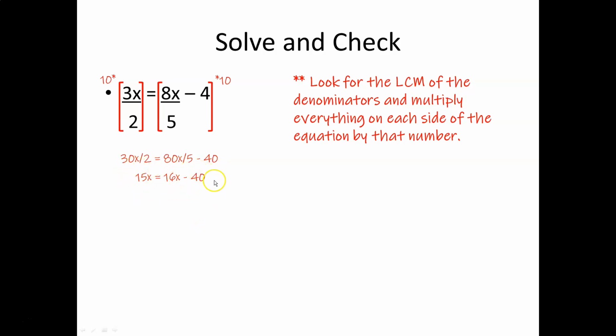We have our numbers all on one side. We need our x's to be on the other side. So let's get rid of this 16x by subtracting it on both sides. We get negative x equals negative 40. At this point, you either times both sides by the negative 1 or you divide, but x equals 40.